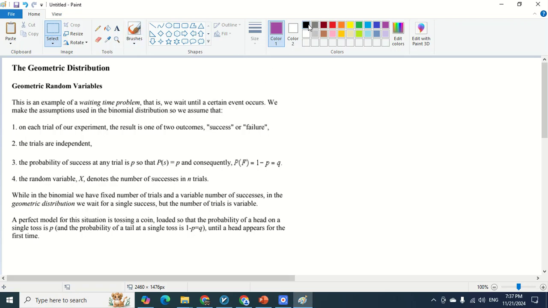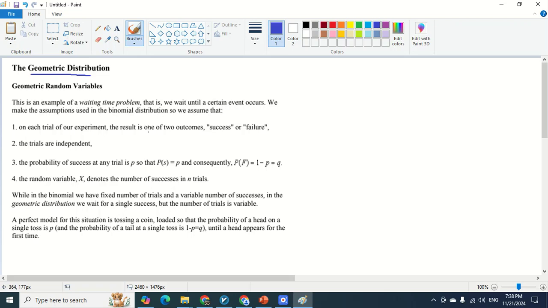First of all, let us take a look at the definition and the description of the geometric distribution. This is an example of a waiting time problem. That is, we wait until a certain event occurs. We make the assumption used in the binomial distribution.